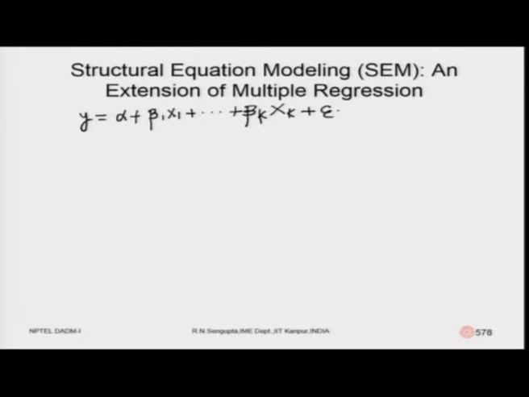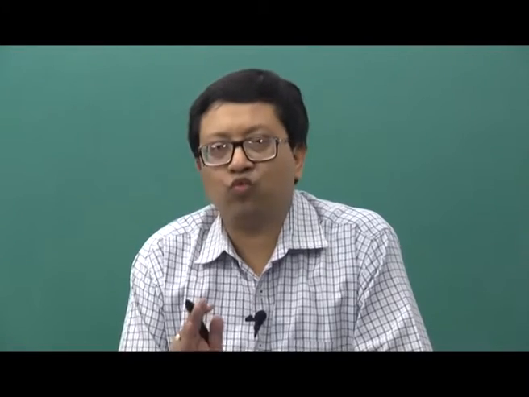So, we have considered that x's and y's are all normal. Similarly, epsilon is also normal with a certain mean and a certain standard deviation, and for epsilon we considered the mean value to be 0 and the variance to be sigma square.